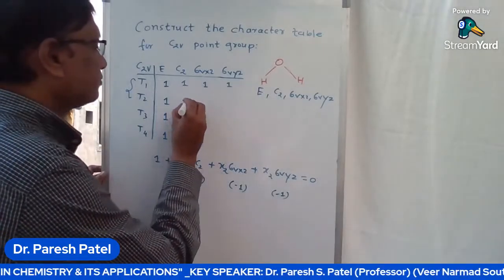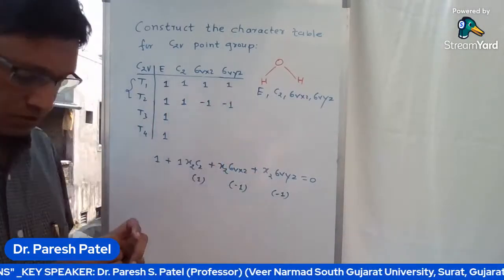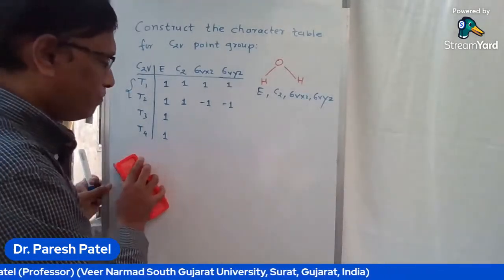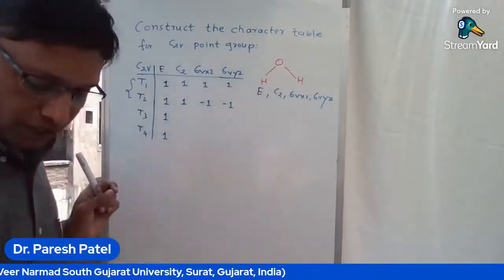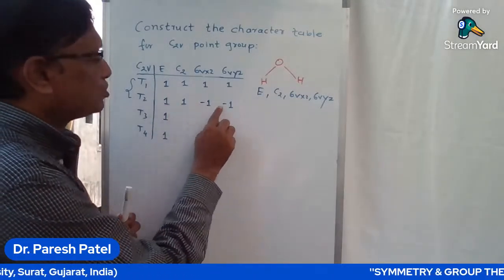So the second irreducible representation T2 is equal to 1, 1, minus 1, and minus 1.